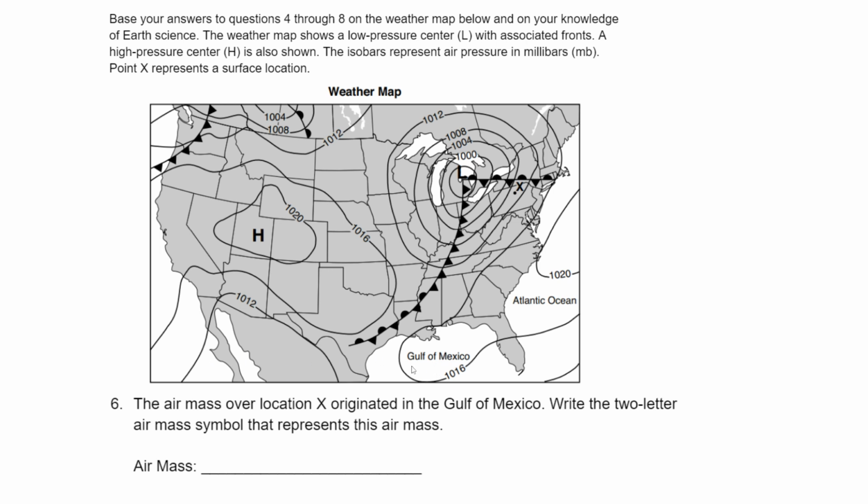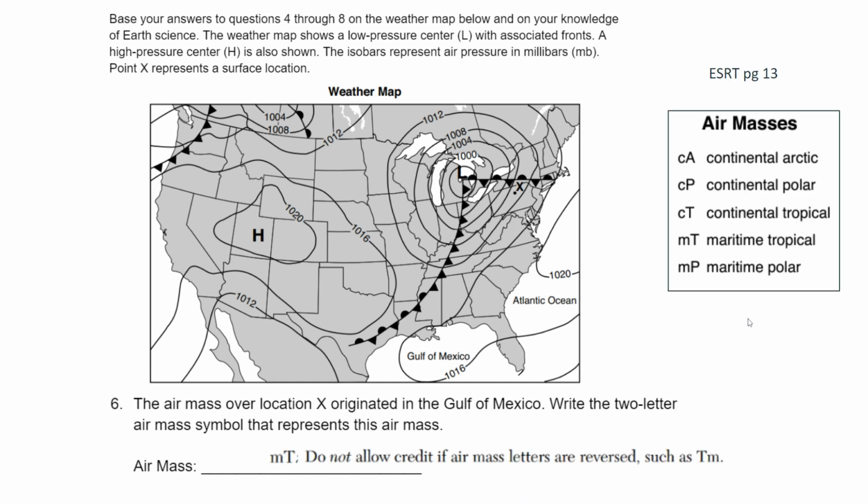And it's more tropical, near the equator, so what might that be? Maritime tropical. Maritime because it's over water, tropical because it's near the equator. And remember, you write this symbol lowercase first and then uppercase, like mT. You cannot get credit if you write it reversed, like Tm. It has to be exactly right, like your reference table.